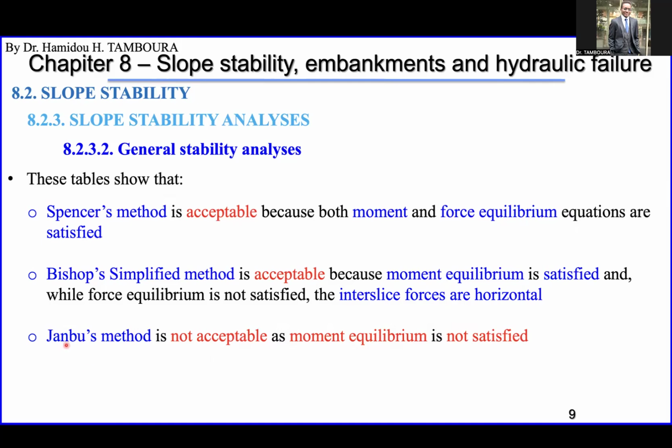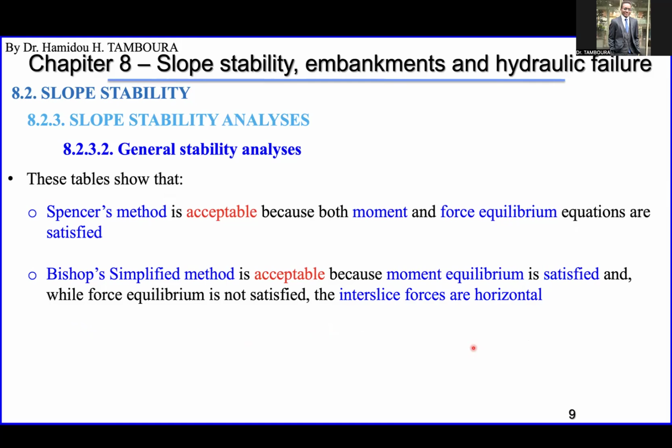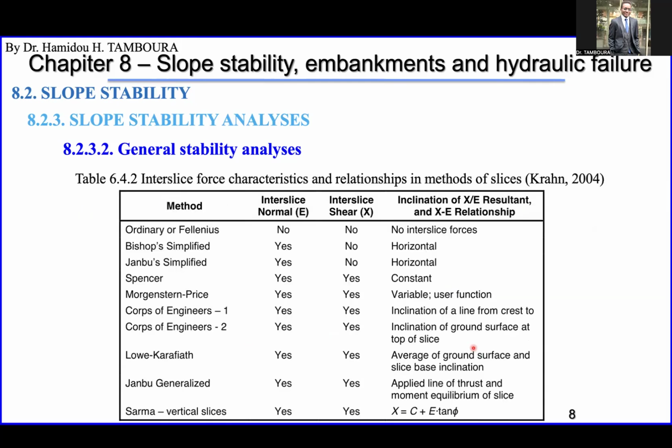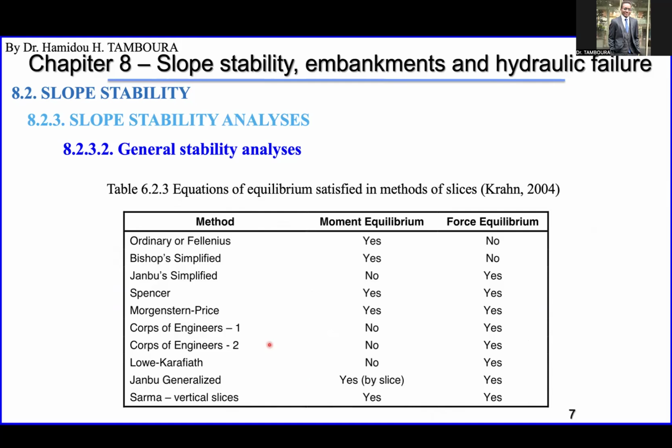So Jan Bu's method is not acceptable because the moment equilibrium is not satisfied. Okay, we go back again to the previous slide. This one, you can see it is not satisfying the moment equilibrium. So we cannot accept that, okay?